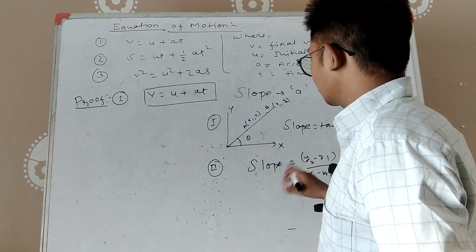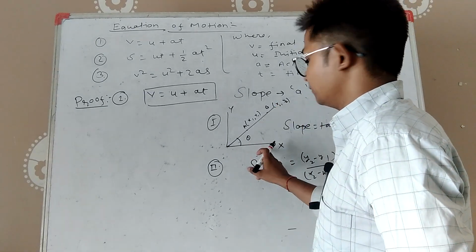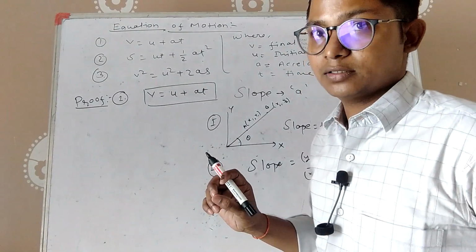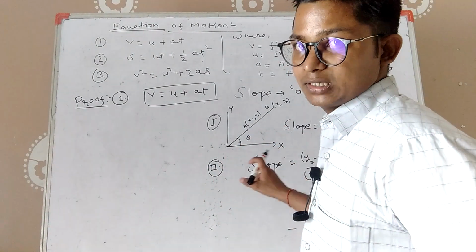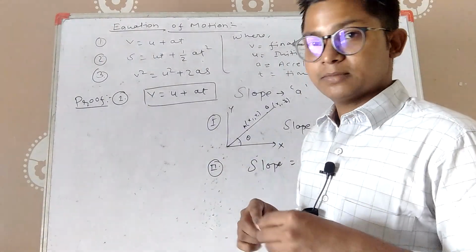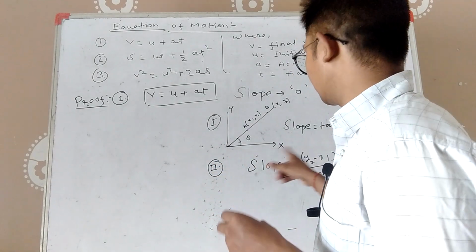By these two ways we can find the slope of this line with the x axis. Slope means the tangent of the inclination of this line with the x axis.